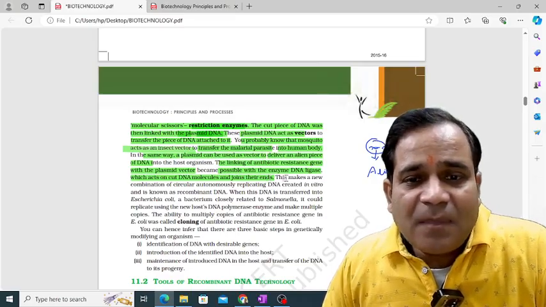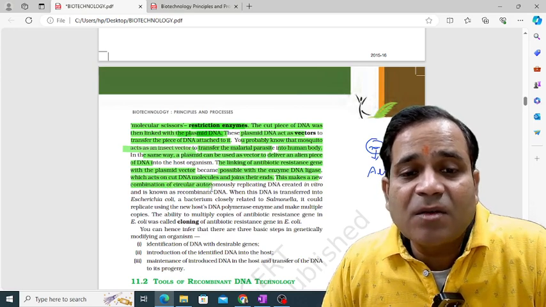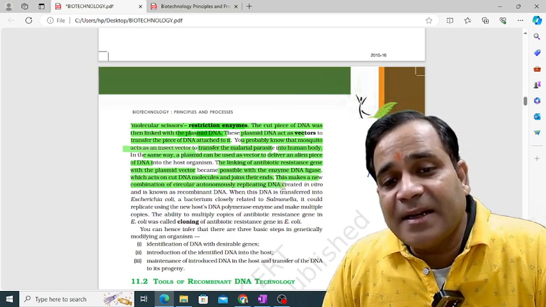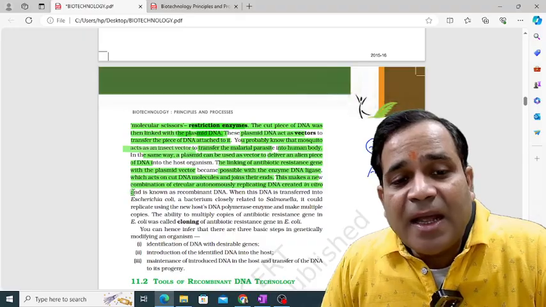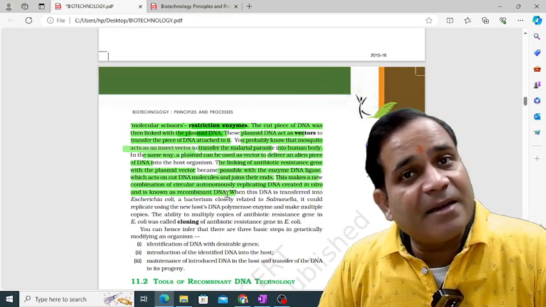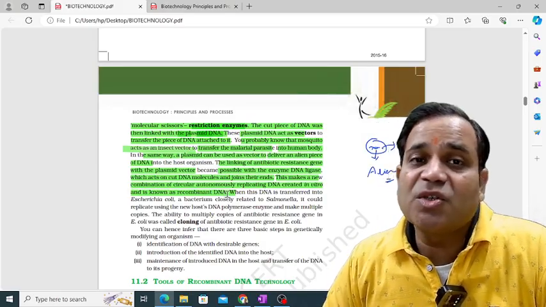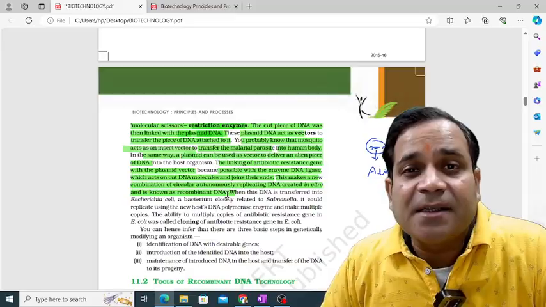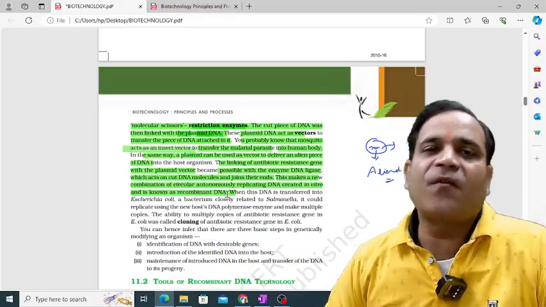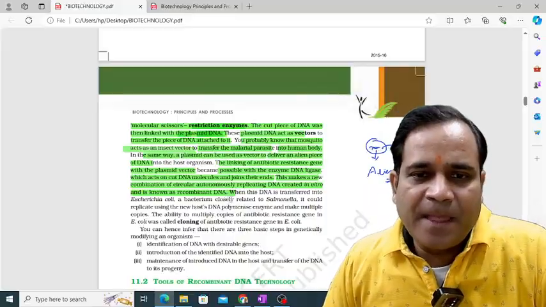This makes a new combination of circular, autonomously replicating DNA created in vitro, known as recombinant DNA, my dear. Recombinant DNA technology is responsible for carrying DNA from the desired source into a host.